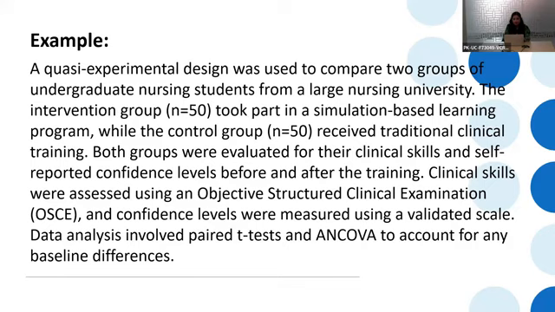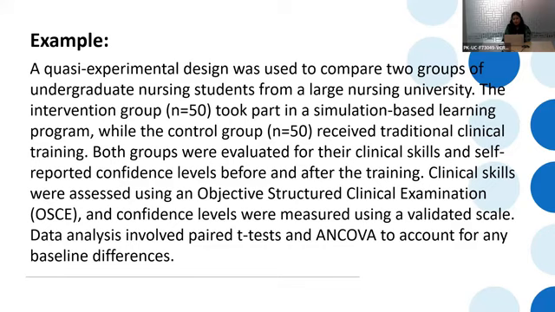Now, in this paragraph, you have explained your entire methodology. You have told them that it was a quasi-experimental design. There were two groups. What did each group receive? How many participants were there in each group? And when were they evaluated? What was the time frame for the evaluation? Before and after the training?